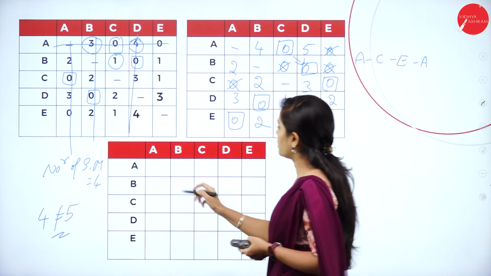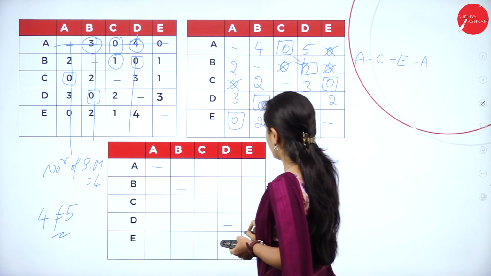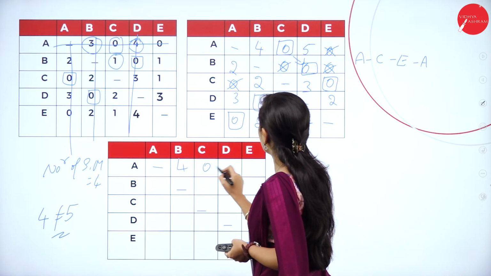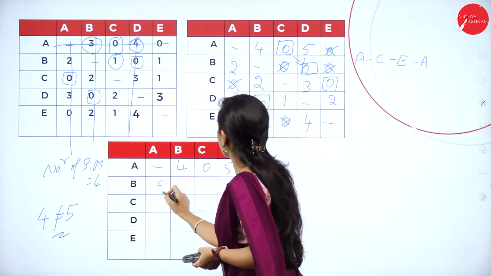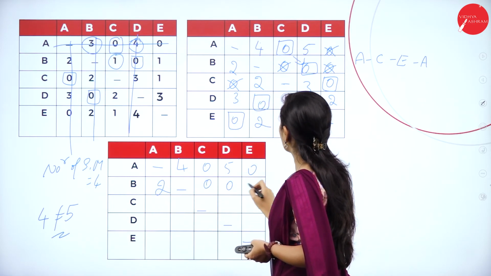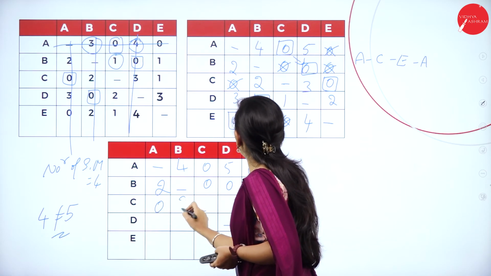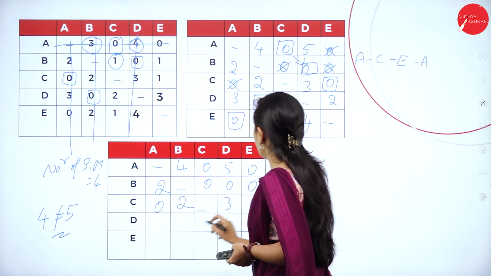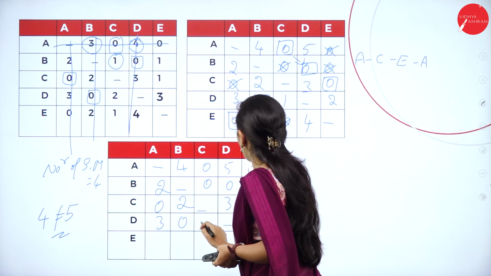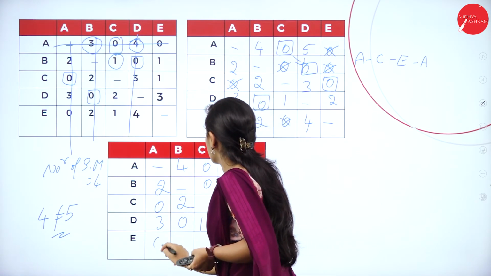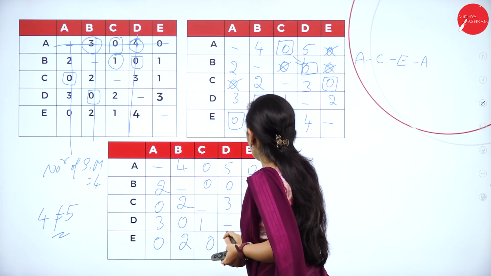So first I will write the matrix values: 4, 0, 5, 0, 2, 0, 0, 0, 0, 2, 3, 0, 3, 0, 1 and 2, 0, 2, 0, 4.